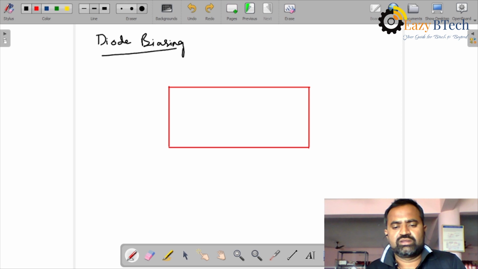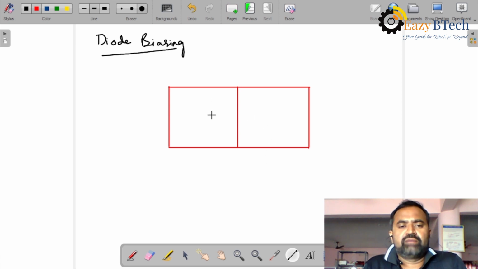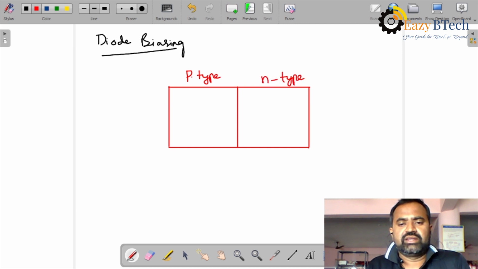So here this is a PN junction diode. Under unbiased condition, here it is a P-type material, and it is N-type material.